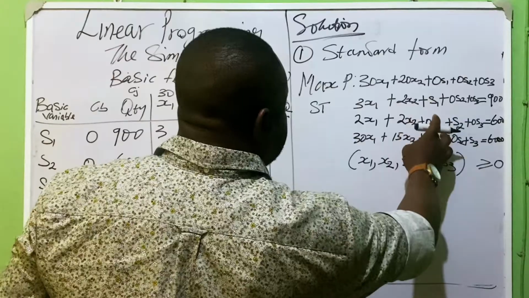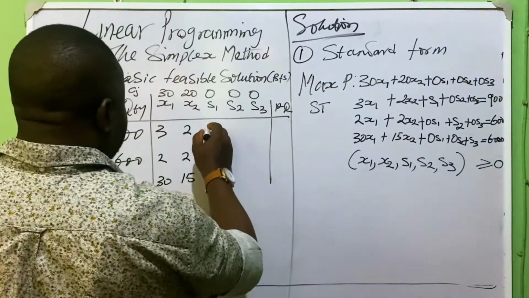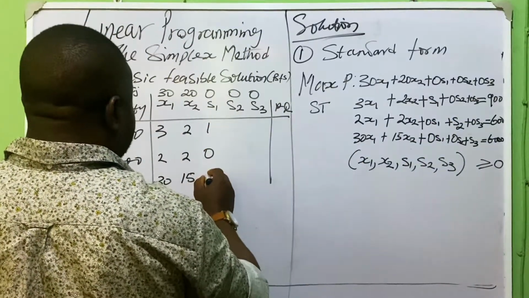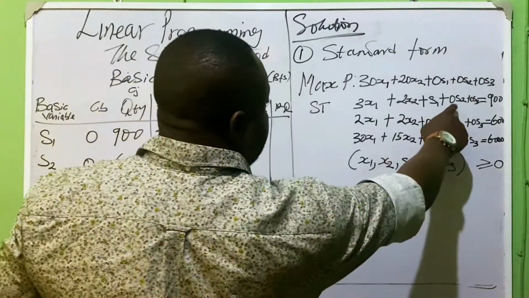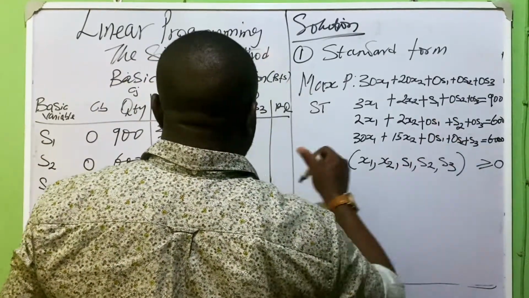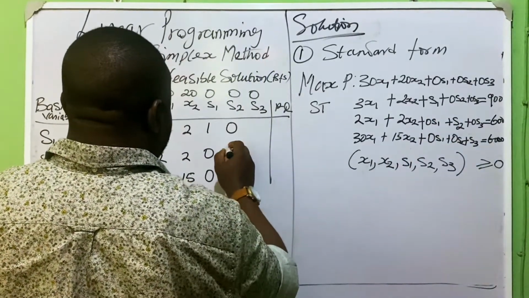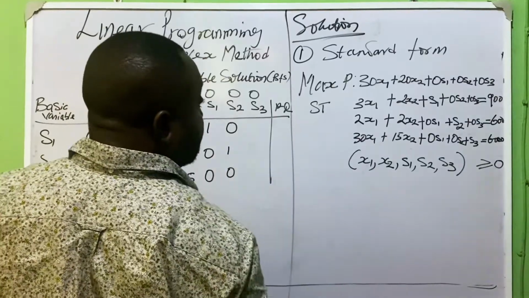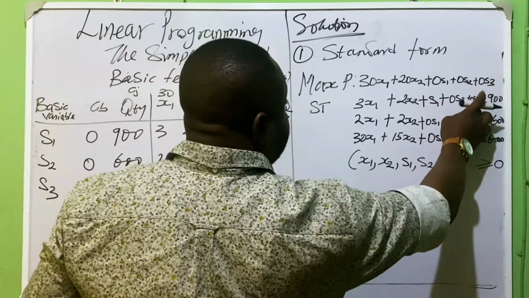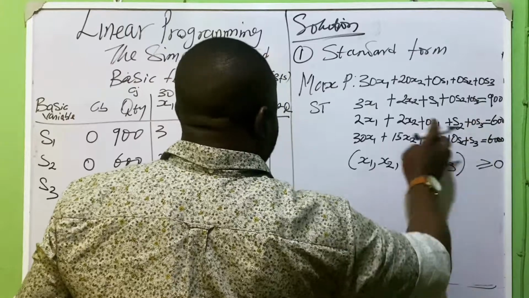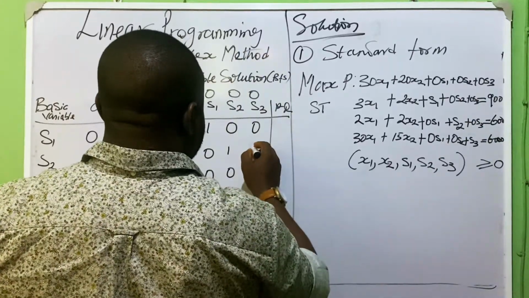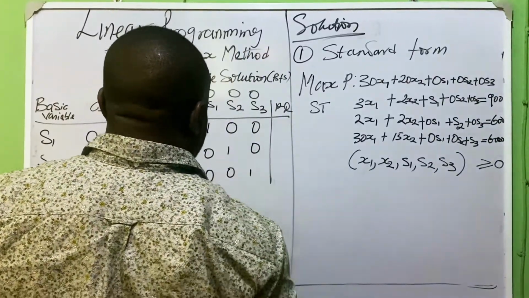Then we have 1, 0, 0 for s1. For s2, we have 0, 1, 0. And for s3, we have 0, 0, 1.